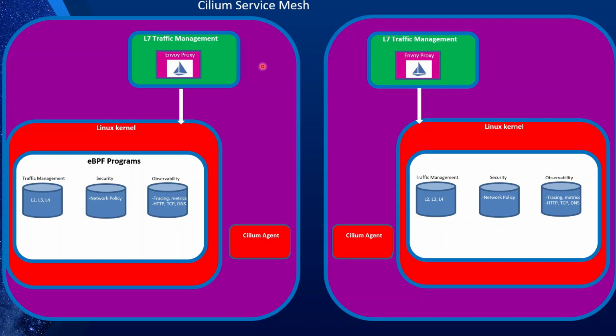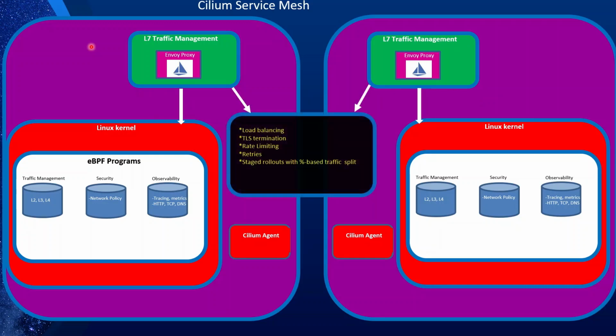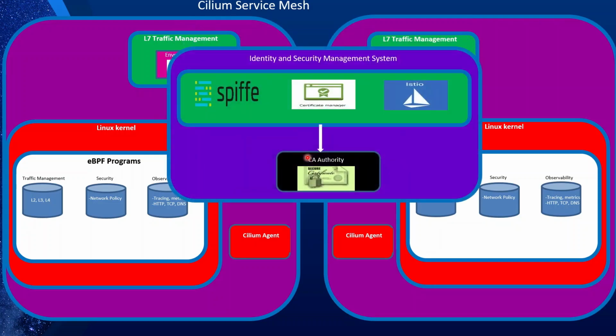So there are pluses and minuses to each approach. And through these Envoy proxies, we get things such as load balancing, TLS termination, retries, and so on. Those are the features that we've seen before, and you will get them in Cilium as well.